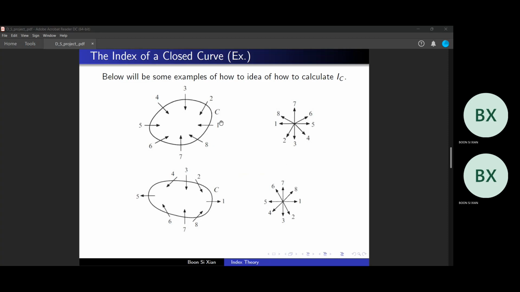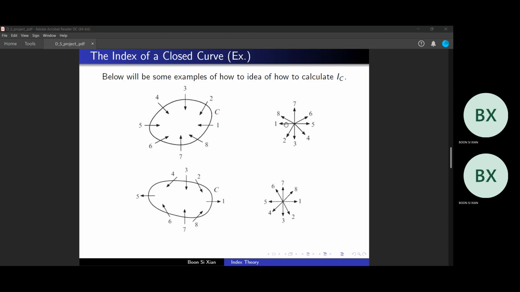As can be seen, first we index each of the points 1, 2, 3 until 8 to see how the angle phi changes when x moves. And then we find that 1, 2, 3 until 8 is counterclockwise.